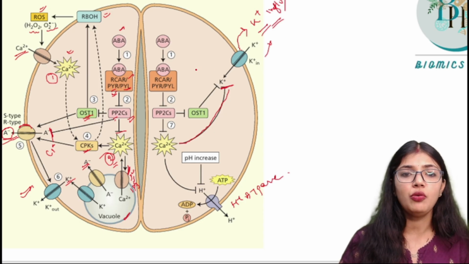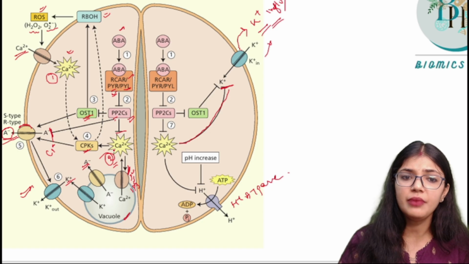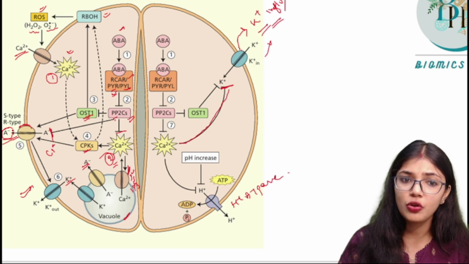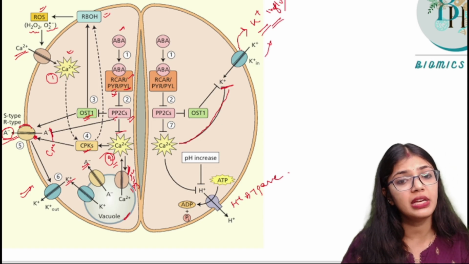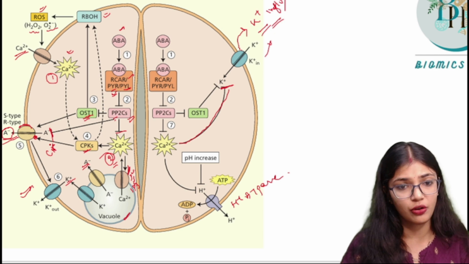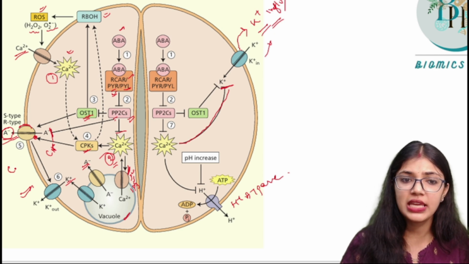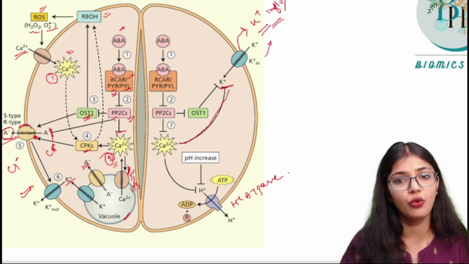Now next, what is the work of this calcium? It will come and bind with this channel. It will help the CPKs and interact with this anion channel, and the efflux of the anions will be done. So the Cl- is also transferred out from the cell.